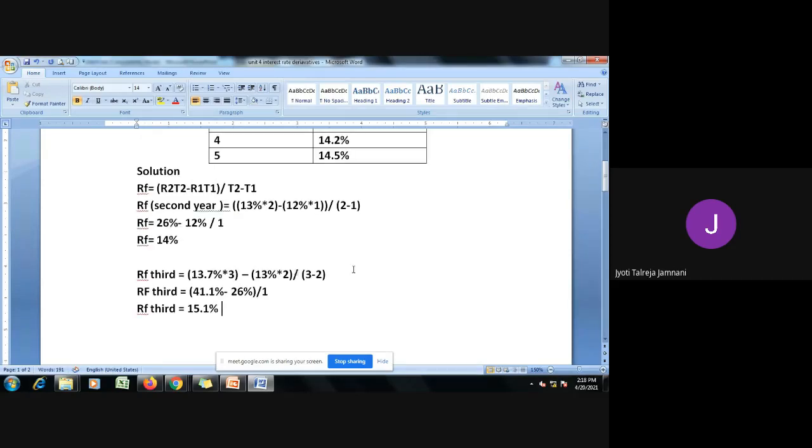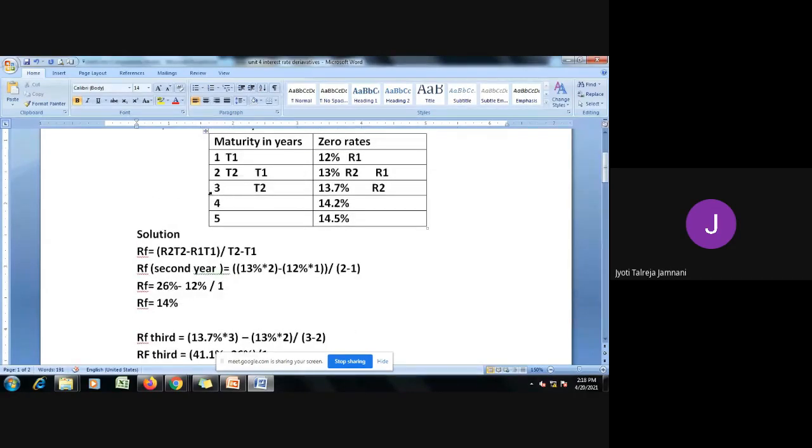So what I am trying to tell you is, whichever year they ask you to do, if they ask you to do the third year, it will become T2 and the previous year will become T1. Now if they ask me to do the fourth year, it will become T2 and the third year will become T1. So the current year is T2 and the previous year is T1. In the same way, the current rate is R2 and the previous rate is R1.